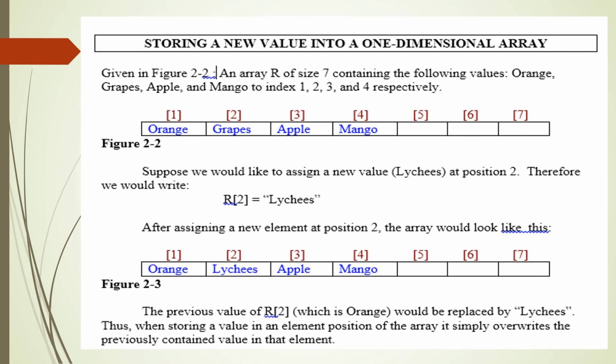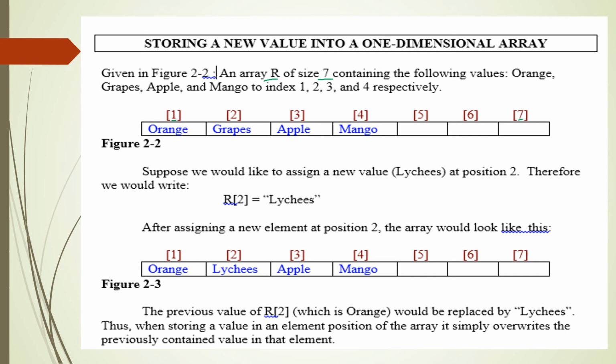So we have here how we are going to store a certain value to an array. Given this figure, we have an array named R of size 7. As you have noticed, I have my index from 0 up to 7. If my index starts from 0, that will be until 6.